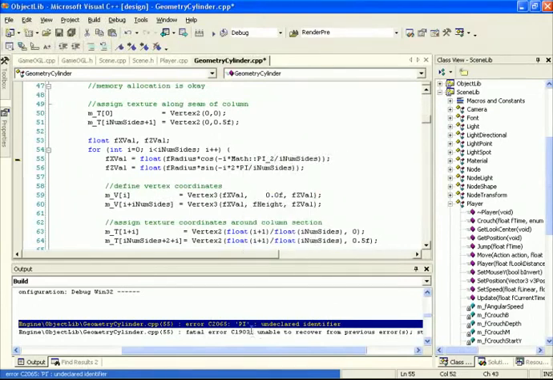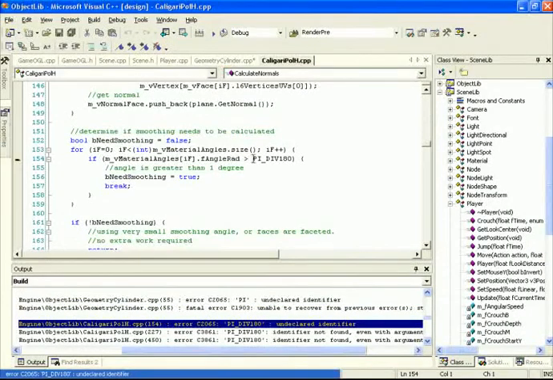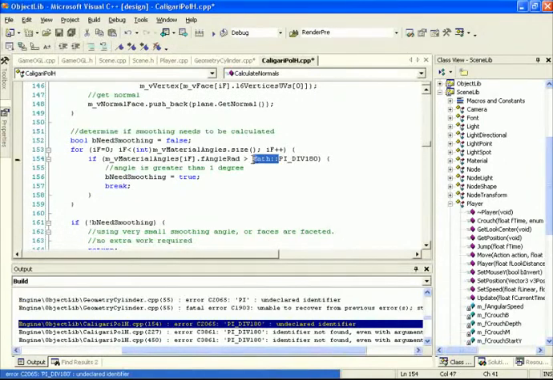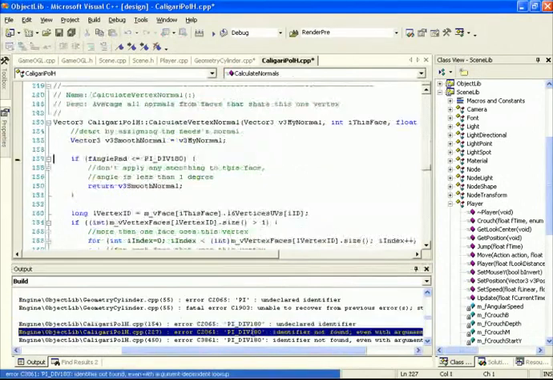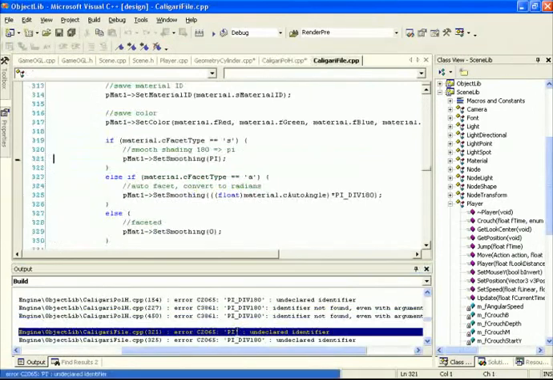Here we have pi divided by 180. Math, pi divided by 180. Might as well just copy this. Looks like a few of them are popping up here. Another math pi.